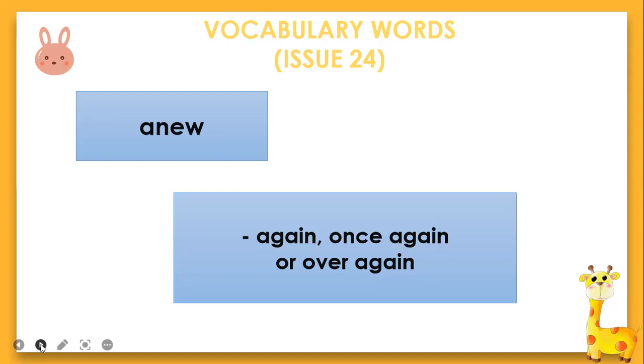Usually anew is at the end of the sentence. So I make my craft anew. Okay, that's better. It's usually at the end of a sentence, but it could be in other parts. But commonly, it's at the end. Next.